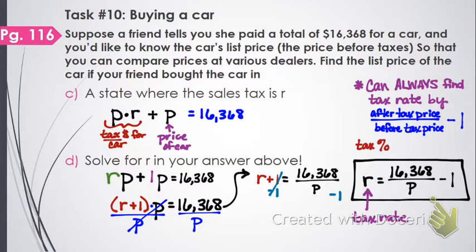Your tax percent is equal to the tax rate times 100. Make sure you make a note of both of those pieces of information. That's going to be really important when you're working on that homework.